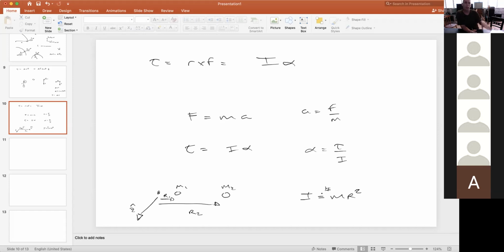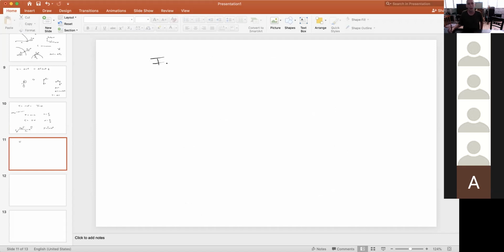I is very similar to center of mass, because if you remember, the center of mass was mr over the total, and this was mr plus mr plus mr. This is kind of the same thing, except that I for a point mass is mr squared.